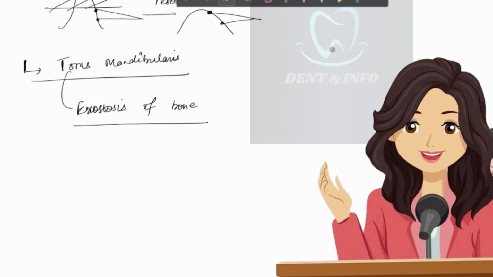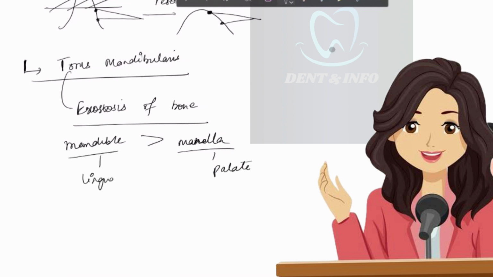Right? More commonly seen in mandible than maxilla. In maxilla, it is located in the palate. On mandible, it is located on the lingual border, usually in the middle portion of the alveolingual sulcus. It is a completely benign overgrowth of bone.